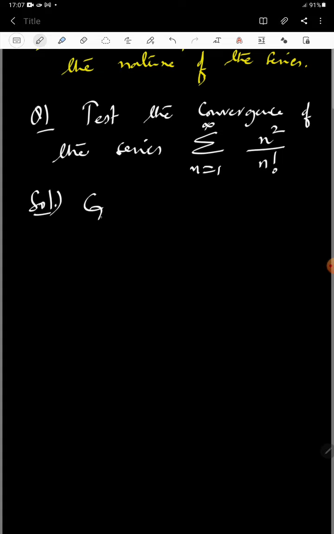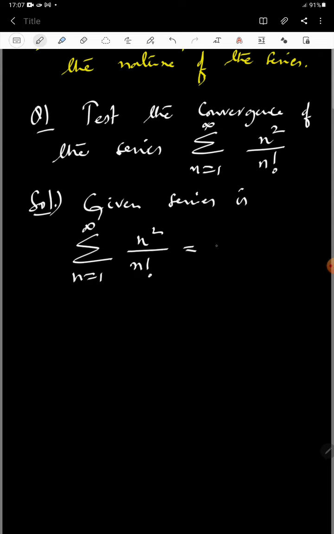Solution. The given series is sigma n equal to 1 to infinity, n square divided by n factorial. I call this sigma un. This implies un is n square divided by n factorial.